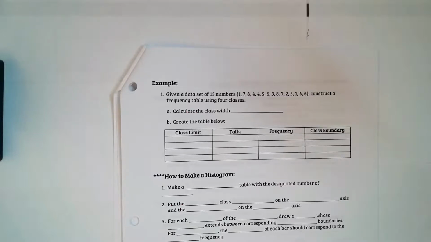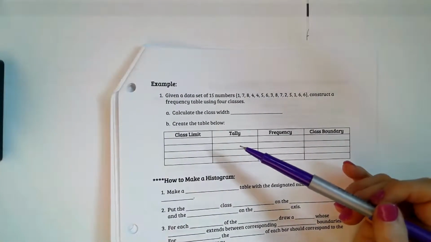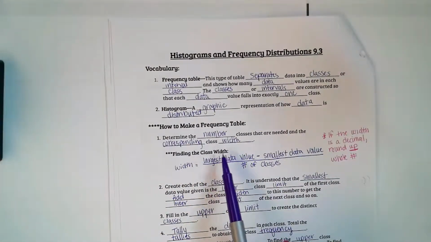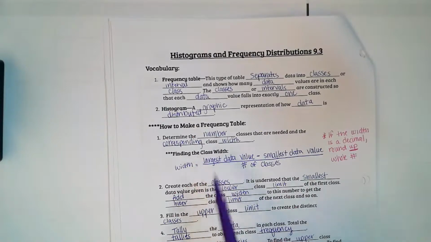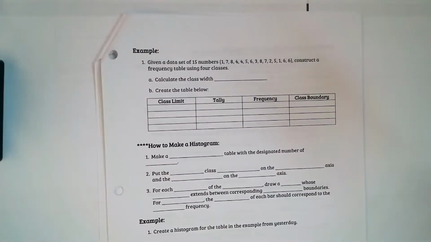What we want to do first is figure out what our width is. That's what it says to do first. They already told us that this is for 4 classes.